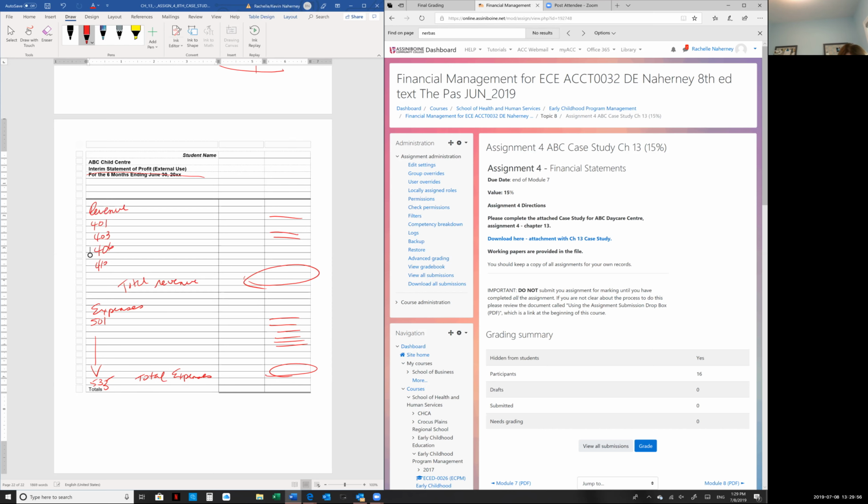And then total revenue minus total expenses equals interim profit. So take this number here minus this number here equals. And that'll tell you if you are profitable, if you have made more money than you have expenses.